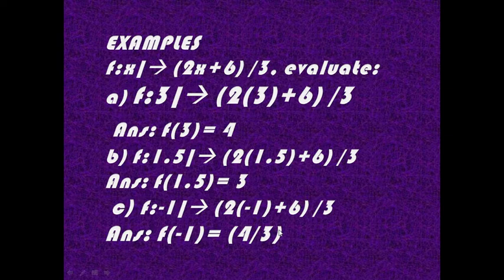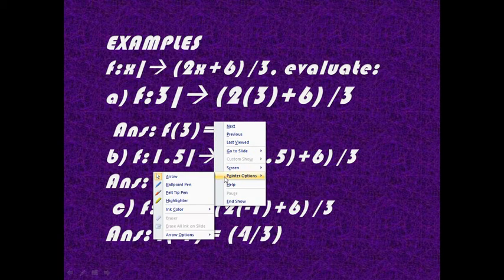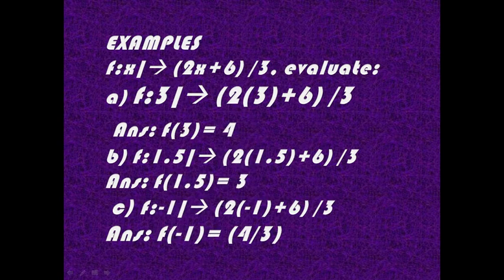It's basically the same as f(x) is equal to 2x plus 6 divided by 3, so it will be solved in a similar way. I've written it in a simplified manner. So the 3 is replacing x here. You find the answer, or sorry, the question, in this manner: f of 3.